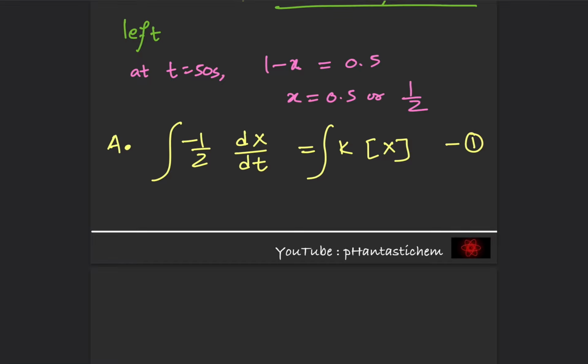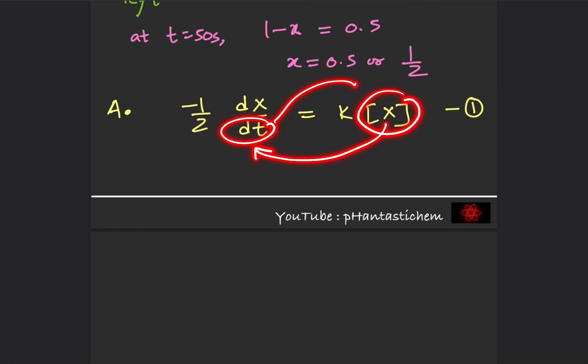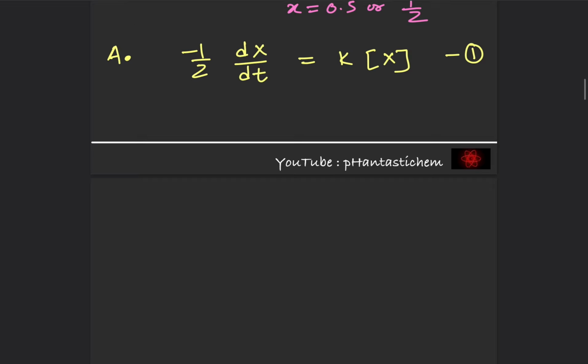Before integration we have to bring x here and dt there. So it will become dx by concentration of x equal to minus 2k into dt. Now we can integrate. Let's keep the limits of integration for time from 0 to 50.